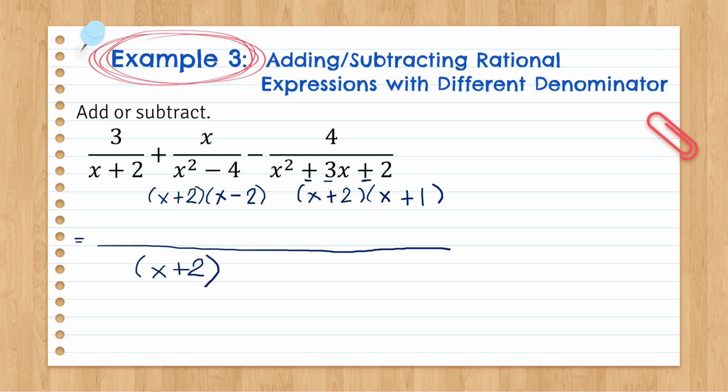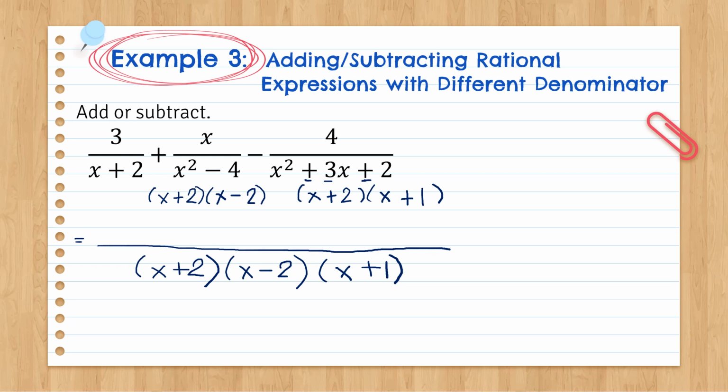For our second fraction, we already have x plus 2, so we simply copy x minus 2. For the third fraction, we already have x plus 2, so we simply copy x plus 1.